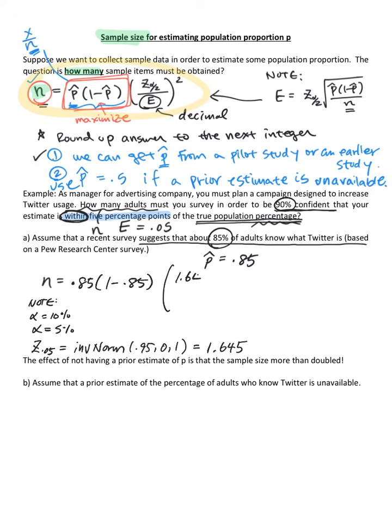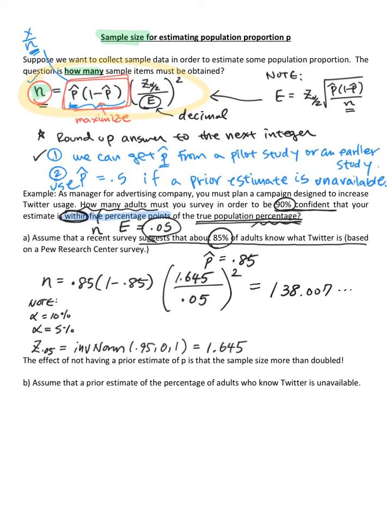So 1.645 over the margin of error E, that's 0.05, to the power of 2. Punch these numbers in your calculator, and you're going to get 138.007, something like that.